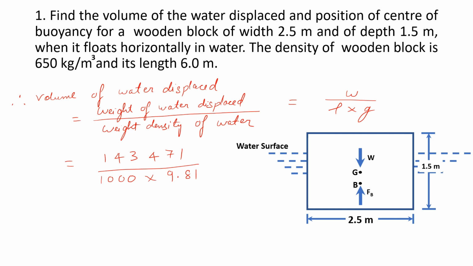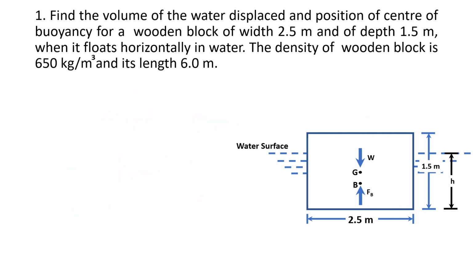So we write the weight of water displaced as 143,471 and weight density of water as density multiplied by acceleration due to gravity. Density is 1000 kg per meter cube and acceleration due to gravity is 9.81 meter per second square. So we will get volume as 14.625 meter cube. So this is the volume of the water displaced.